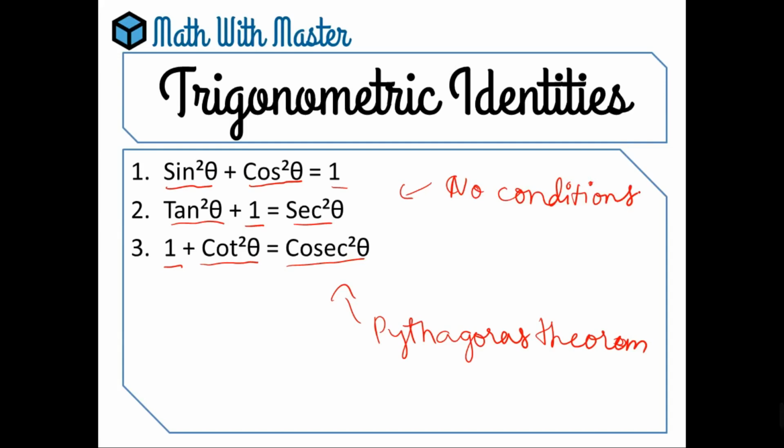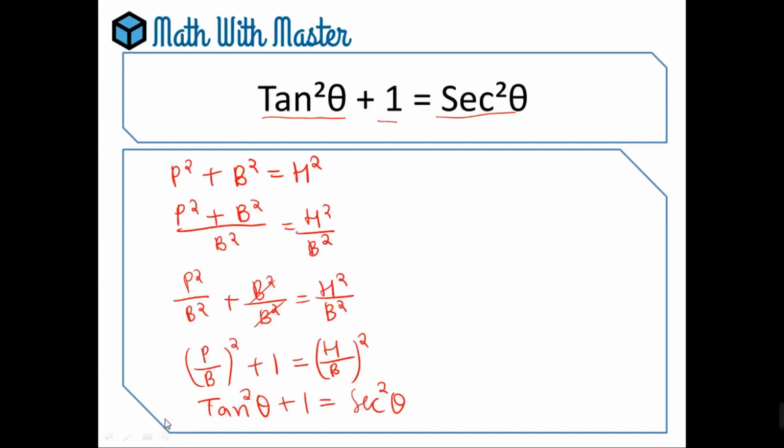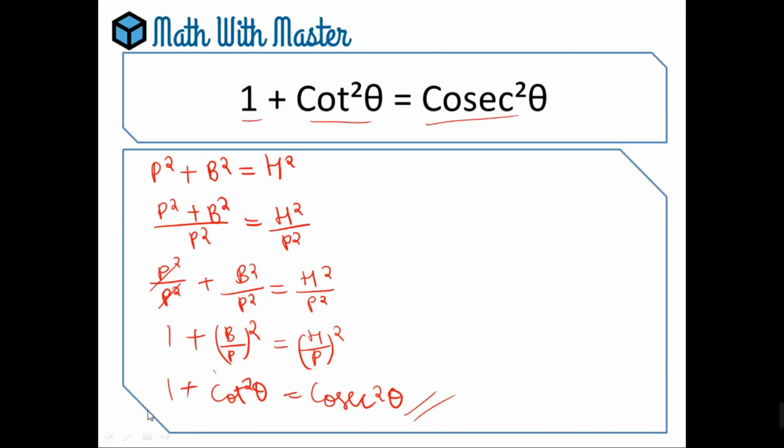First we found sin² θ plus cos² θ equals 1. Second, tan² θ plus 1 equals sec² θ. And third, we derived the formula 1 plus cot² θ equals cosec² θ.